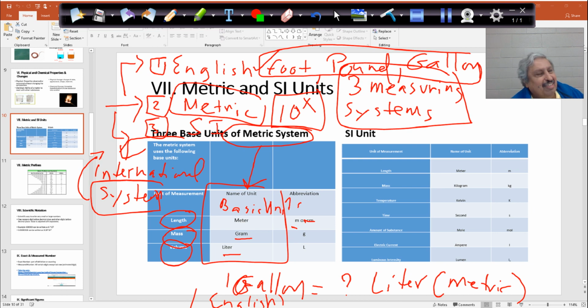Not too many, but few. We have the American gallon, the Canadian gallon, the British gallon, the Australian gallon, and they differ in the digits after the decimal.